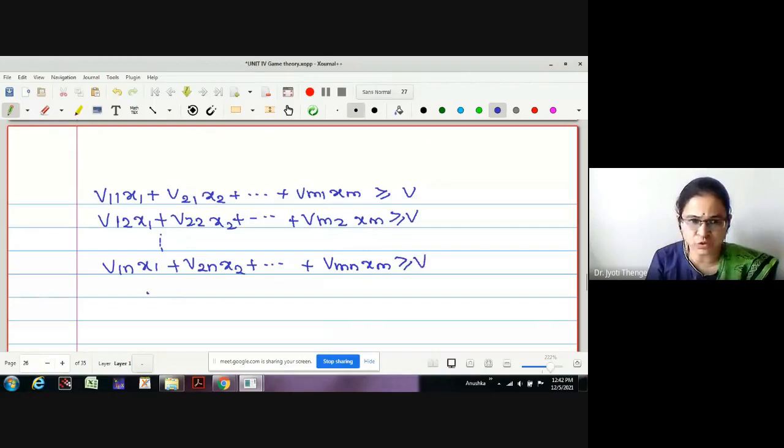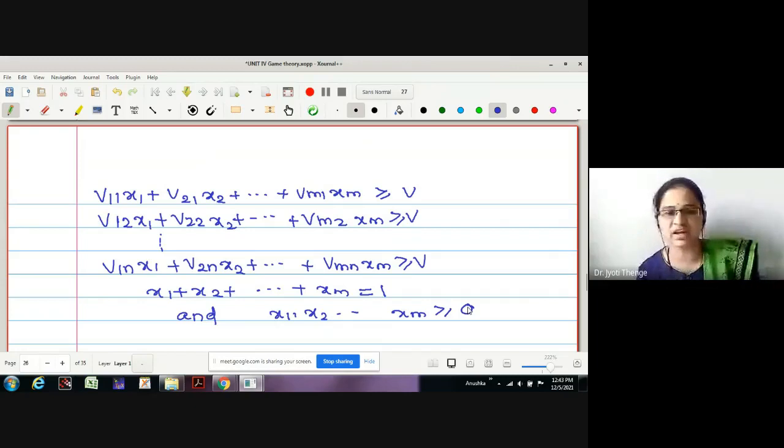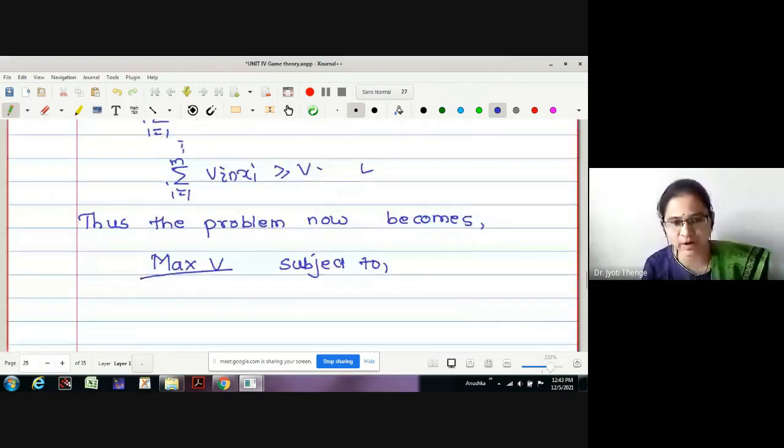And the previous two constraints which we already have with us. What are those constraints? The sum of probabilities is equal to 1 and x1, x2 to all the variables xm are greater equal to 0. Now these are my variables x1 to xm, with which we want to maximize v.